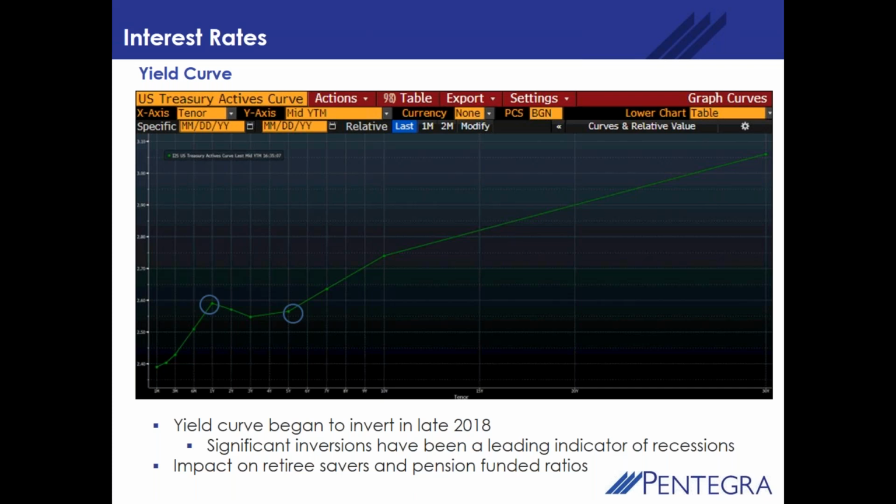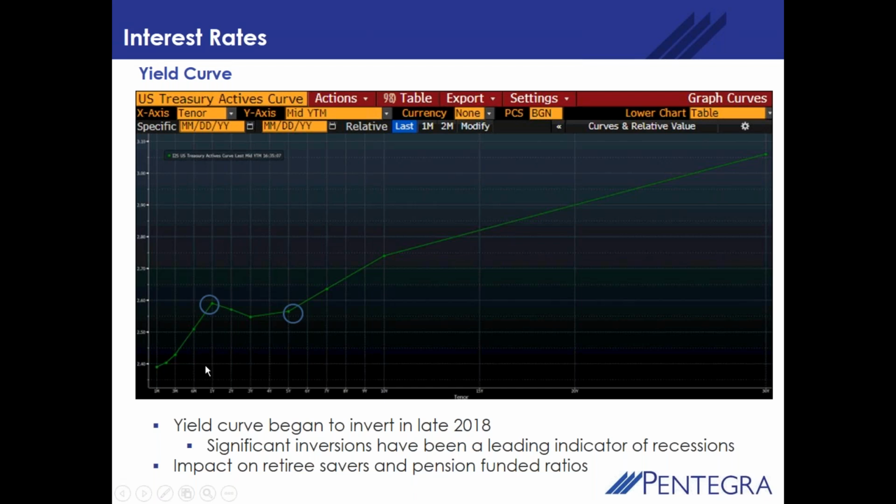You expect a bond with a 5-year maturity to yield more than one with a 1-year maturity. However, because of the Fed and because of some other things in the economy, the yield curve began to invert in late 2018.